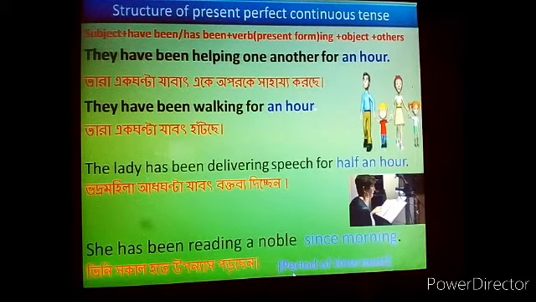We must remember that in present perfect continuous tense, a period of time is a must. Here an hour, half an hour, since morning are periods of time.